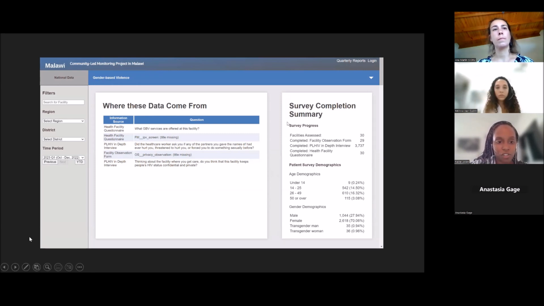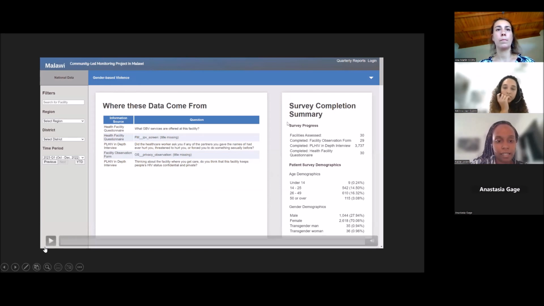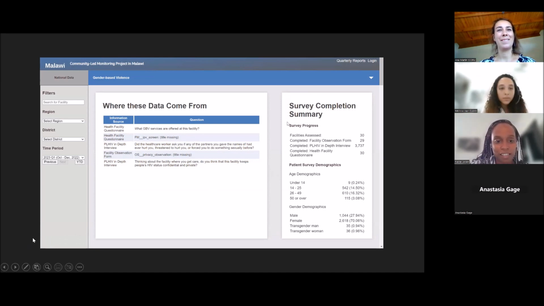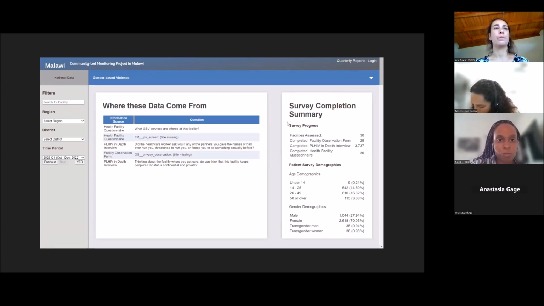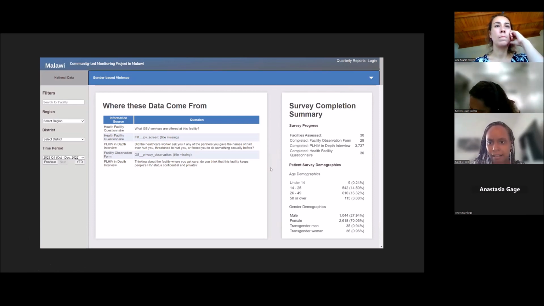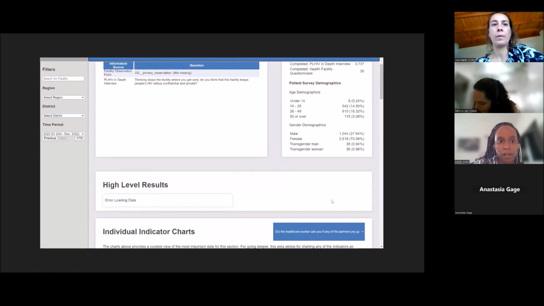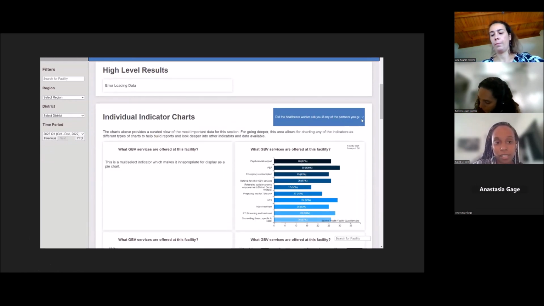Another type of very interesting quantitative data that's a bit more ongoing these days is community-led advocacy data. This is an example of a database of a community-led monitoring project in Malawi. We're looking at 3,737 interviews from Q4 2022.